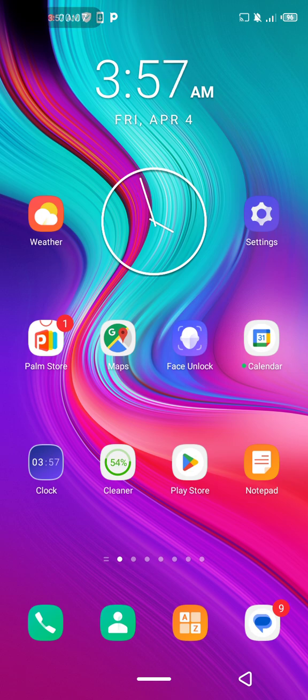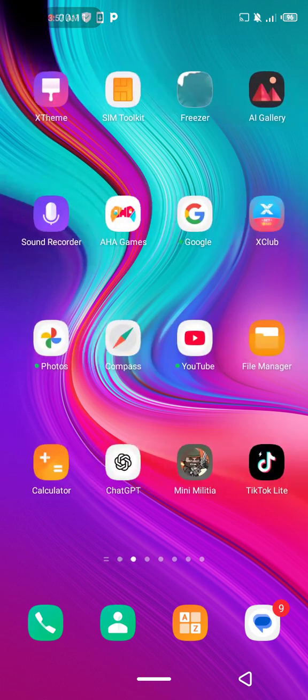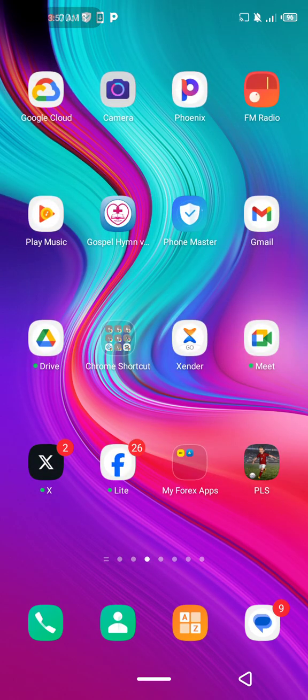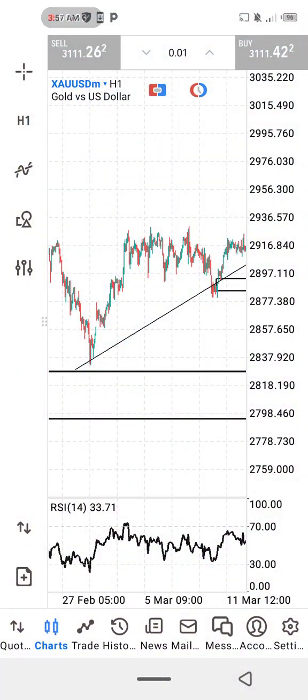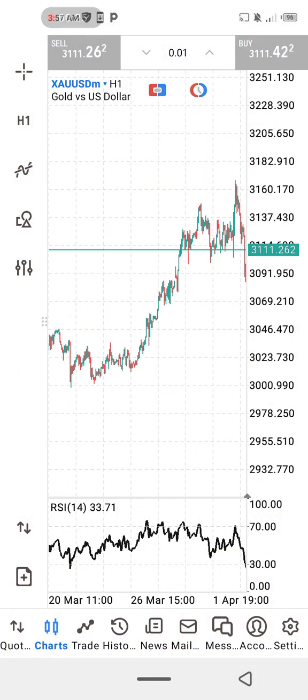So on this page I'll be teaching you the basic concept of being profitable in the forex market. I'm a forex trader and a profitable one at that.